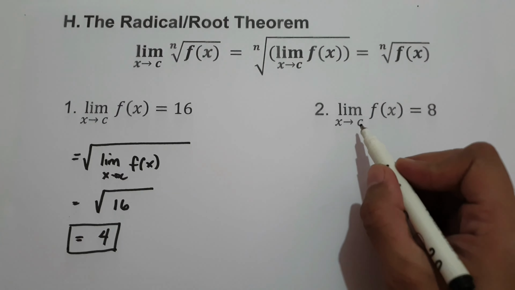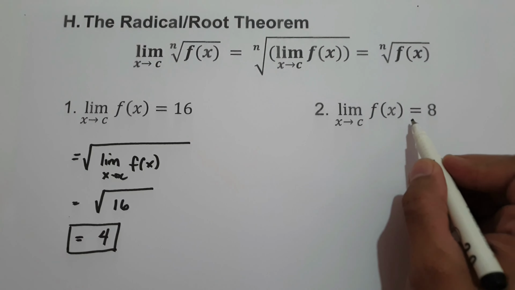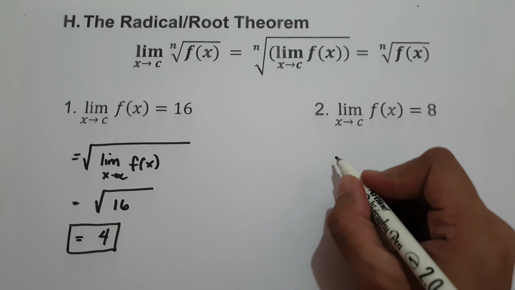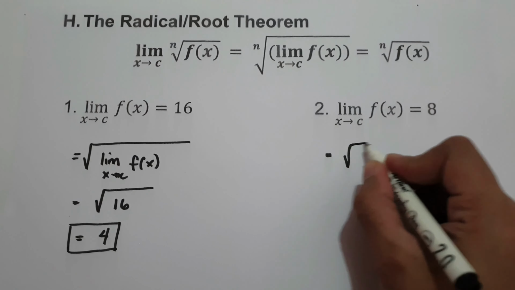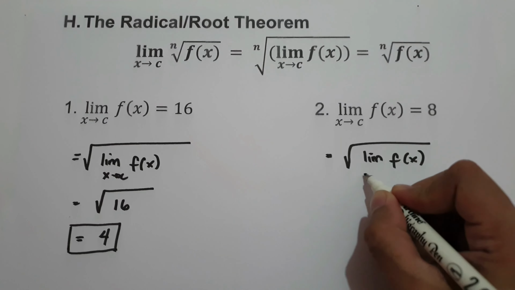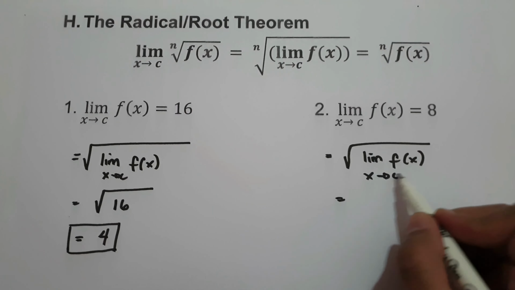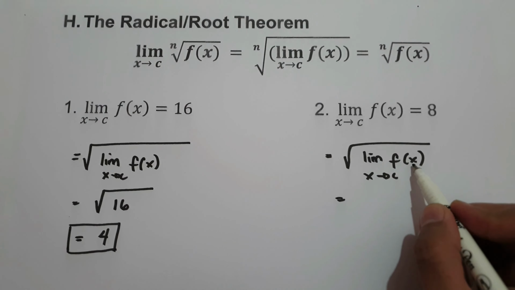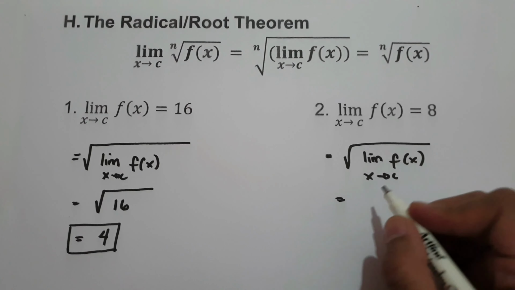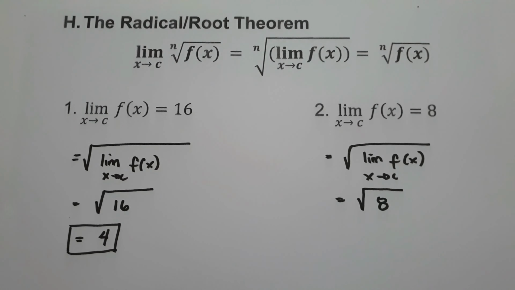Next, we have the limit of f of x as x approaches c is 8. So we are going to have the square root of the limit of f of x as x approaches c. The value of this expression is 8, so we are going to have the square root of 8.